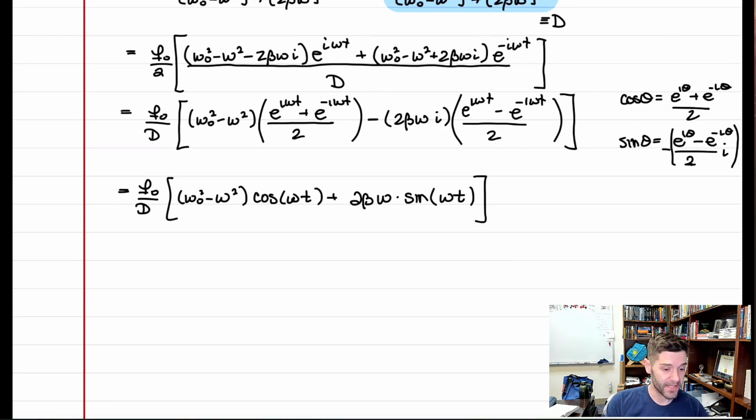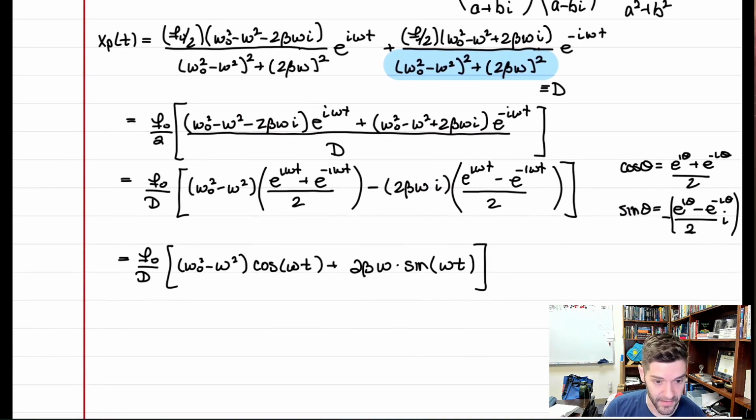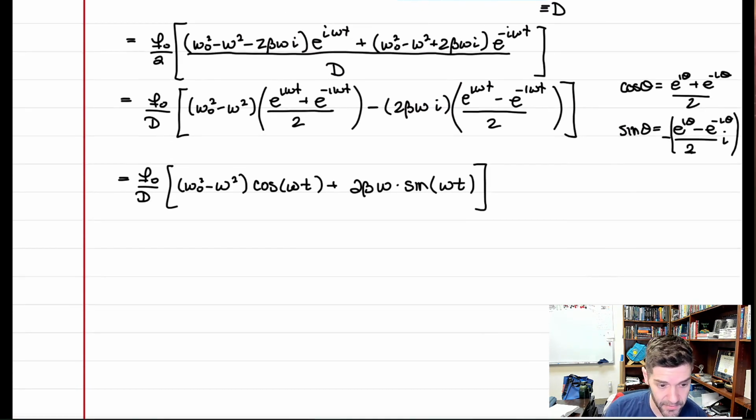But notice what's happened. This thing at the bottom is all real. F naught D, right? D was real because D was just that thing highlighted in blue. That's all a real number. All the complex exponentials, the complex i's, have disappeared.